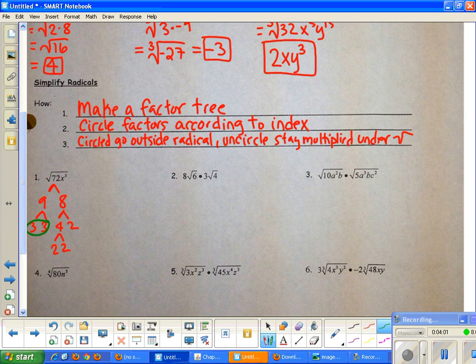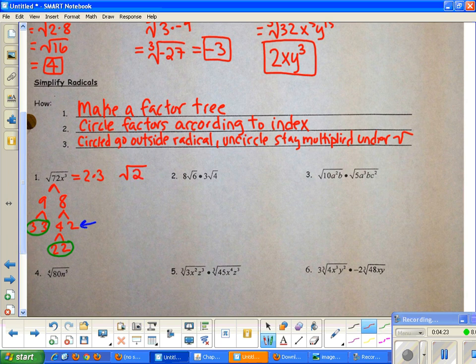So I have a group of 2 threes and a group of 2 twos. So that means on the outside of my radical, I'm going to have 2 times 3, because you always multiply the numbers. And then underneath the radical, I have leftover right here. This one was not circled, so that stays underneath. So that would be 2.